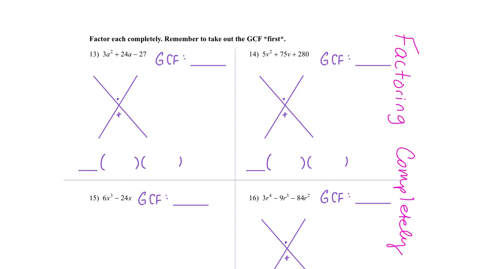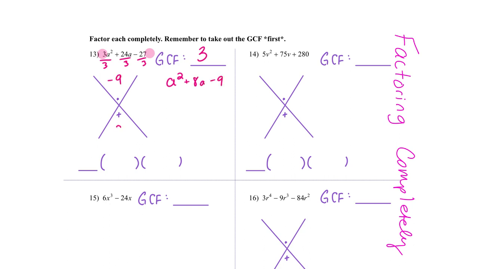The next practice you have, you're going to find the GCF, and then you will continue to factor. So let's go ahead and do that first one together. So I have 3, and then nothing at the end, so that means my GCF is just 3. So I will divide all of these numbers by 3, and this is a squared plus 8a minus 9.